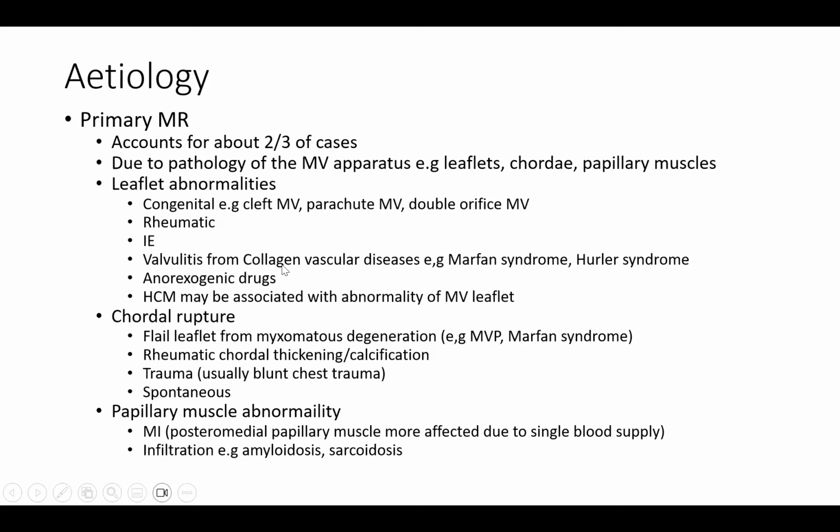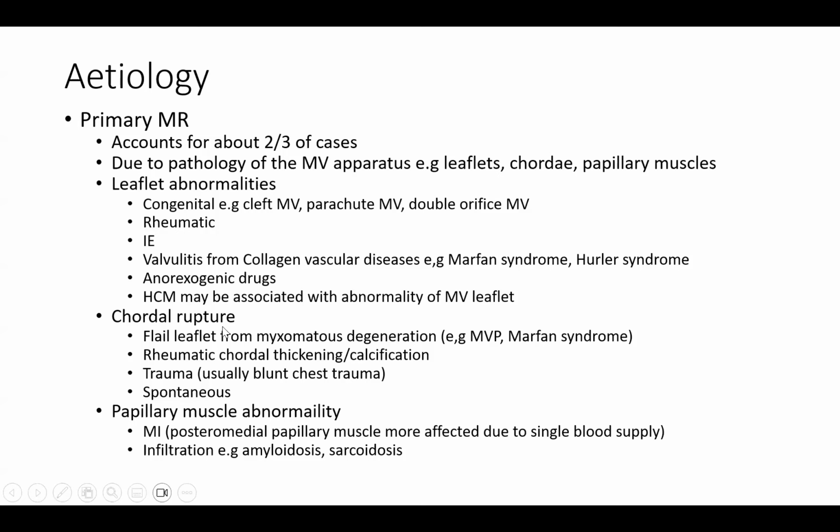And it could be from valvulitis from collagen vascular diseases like Marfan syndrome, Hurler syndrome, which is type 1 mucopolysaccharidosis, or from anorexigenic drugs. And we remember hypertrophic cardiomyopathy tends to be associated with MR, which is thought to be from an actual pathology of the mitral valve itself.